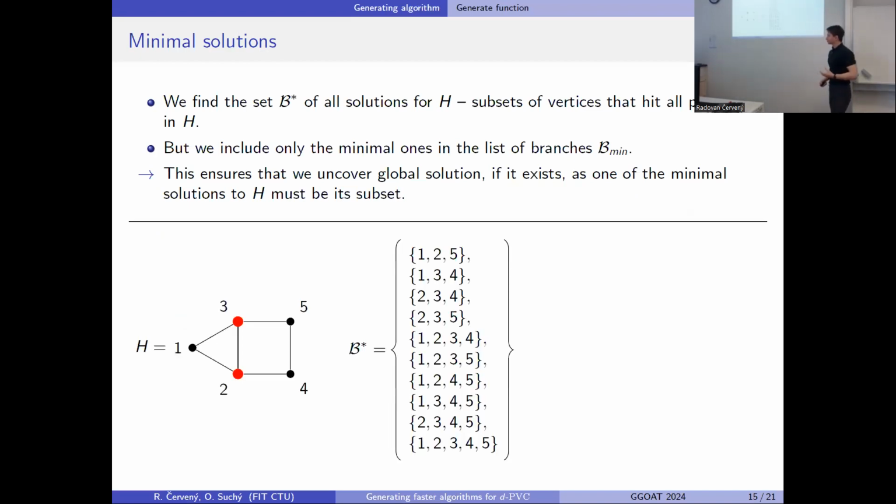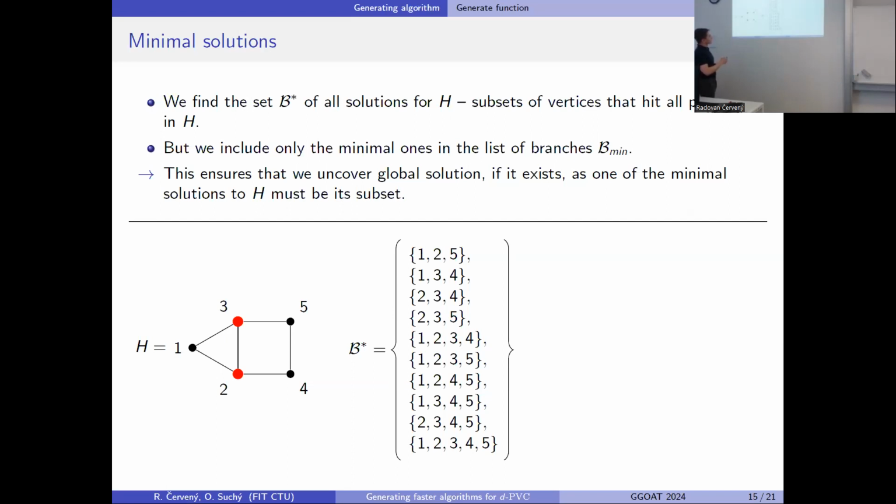You take your graph and enumerate all subsets of vertices of this graph. Sorry, I'm getting ahead of myself. To design a correct branching rule, it suffices to enumerate all subsets of vertices that are solutions to this graph. For example, 1, 2, 5.